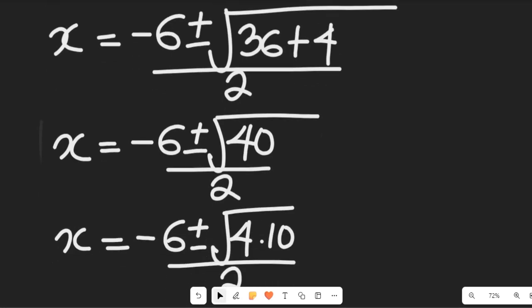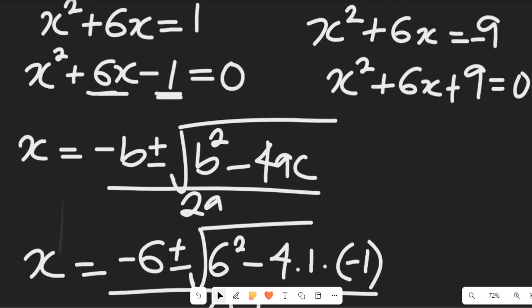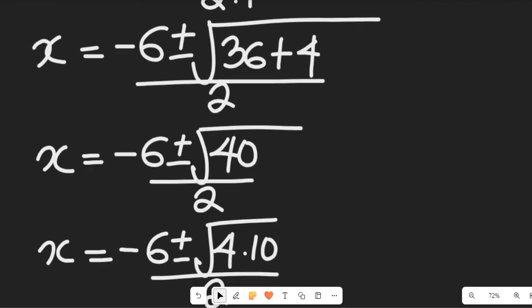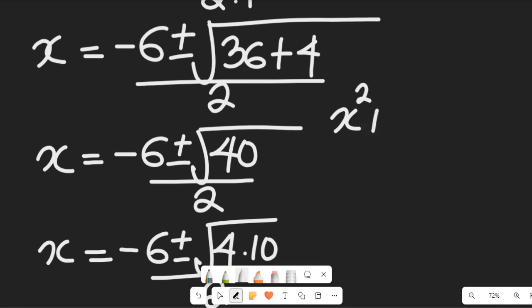That expression will now give me x squared plus 3x plus 3x plus 9 equal to 0.